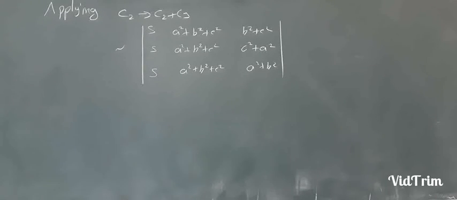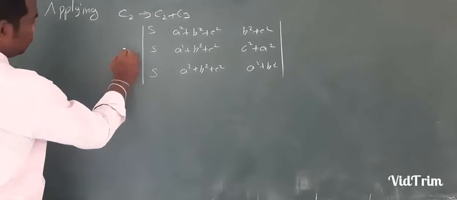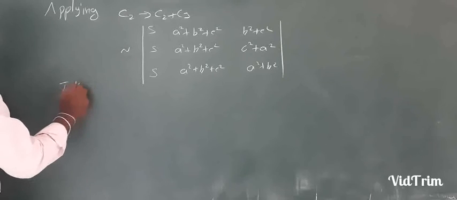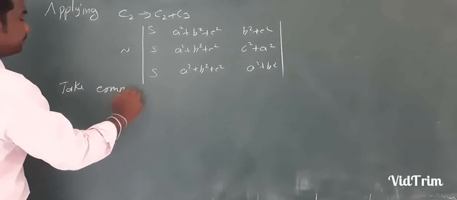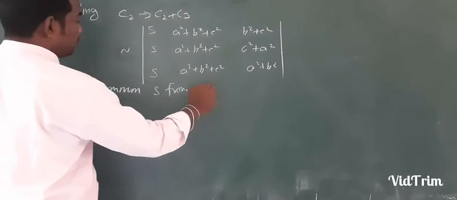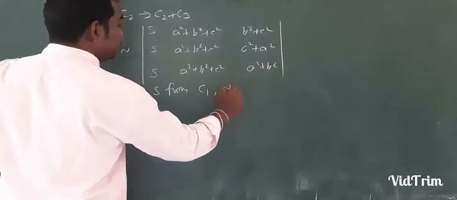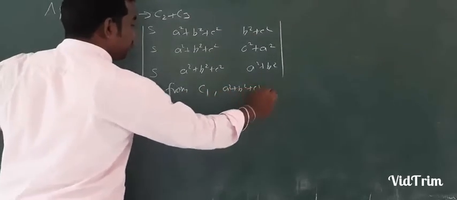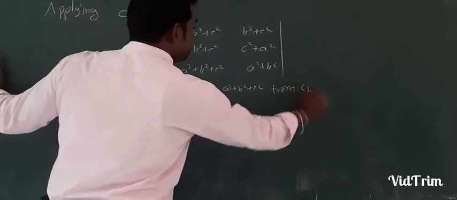Now you write, take common S from column 1 and a square plus b square plus c square from C2.